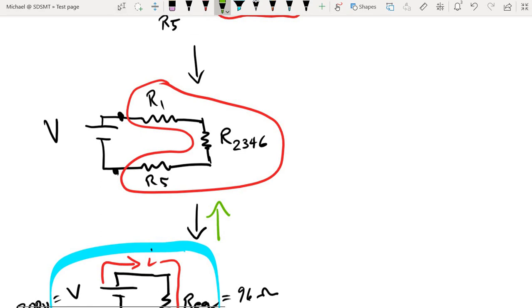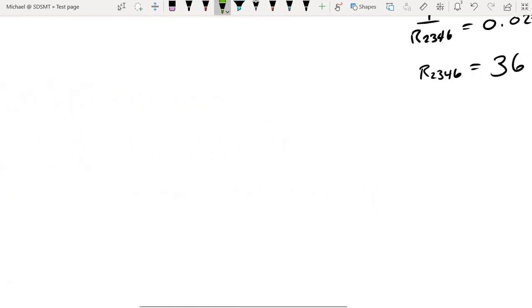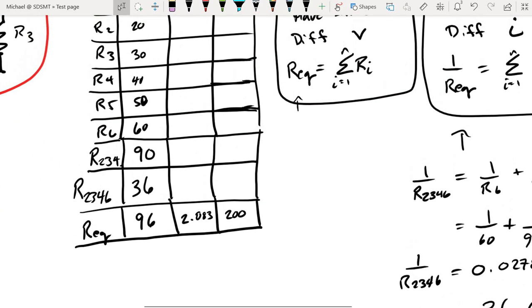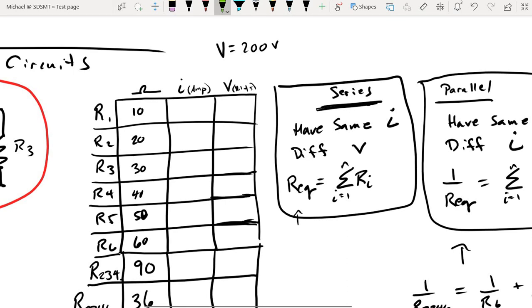But now I know how much current is coming out of the battery. It's the 2.08 amps. And that current only has one available path through the circuit. It has to go through all three of those resistors. And that is one of the defining characteristics of series resistors. They all have to have the same current.